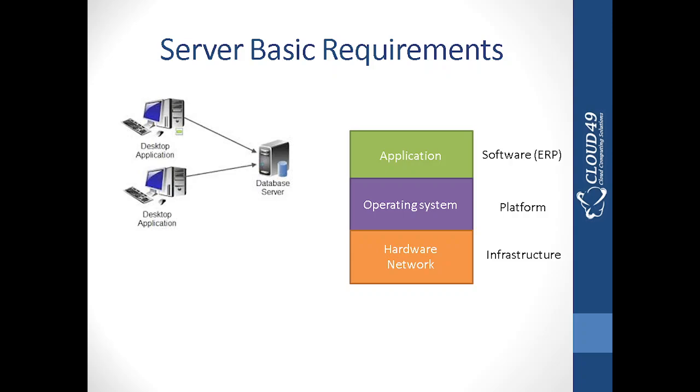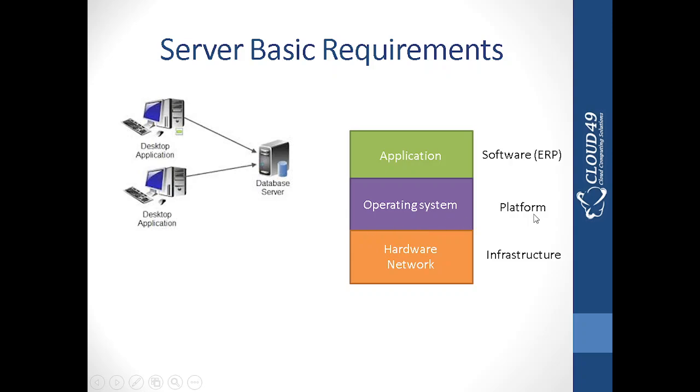Server basic requirement: a database server is there, and for this we need hardware, network, operating system, and application. In a computer we need these things. So we need hardware, an operating system, and application software. Hardware and network we can say is the infrastructure.